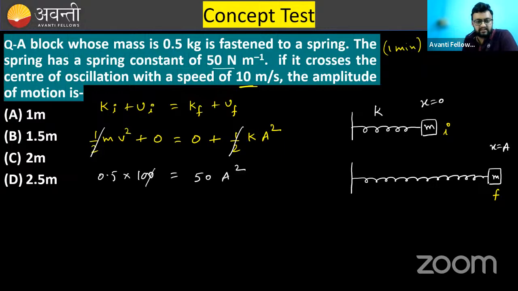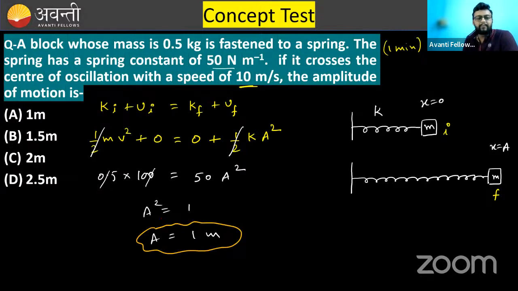You can see this is 50 and 50, so a square is 1. So a is 1 meter. Very good, Ganesh. The amplitude is 1 meter. I think the question is very much easy.